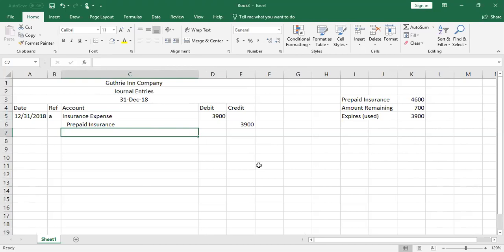And on the credit side, $3,900. The new balance in prepaid insurance is $4,600 debit, $3,900 credit, $700. So in this problem, your author is telling you how much the balance needs to be after your journal entry, and you've got to figure out the dollar amount for your journal entry.